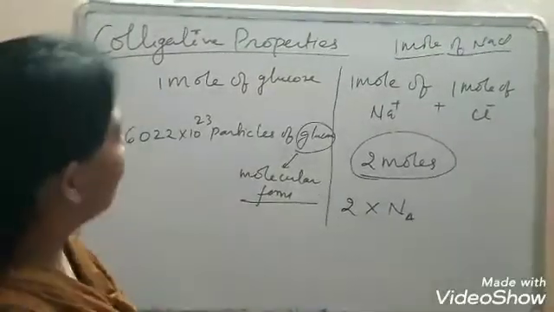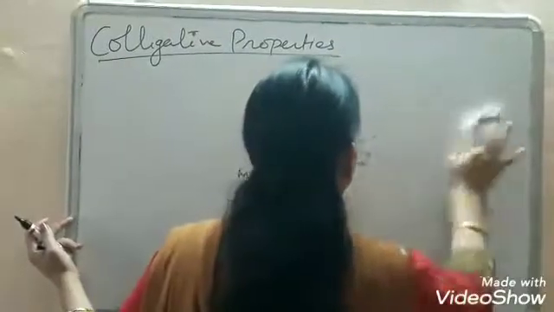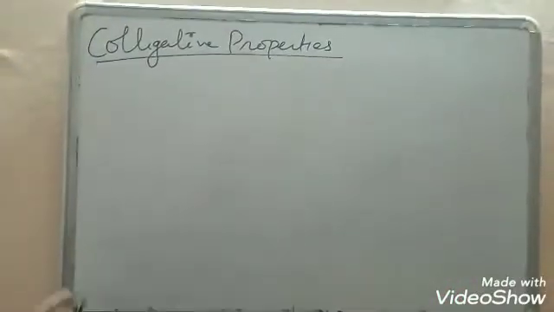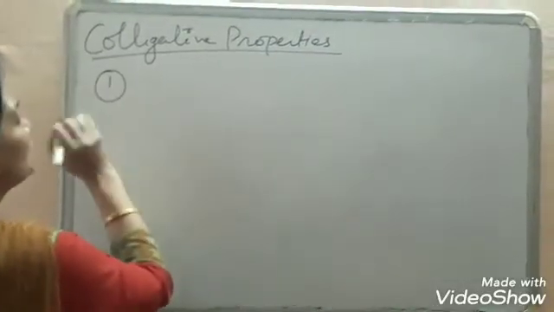Now there are 4 types of colligative properties in our class 12 syllabus. You have to first learn the names of those properties.